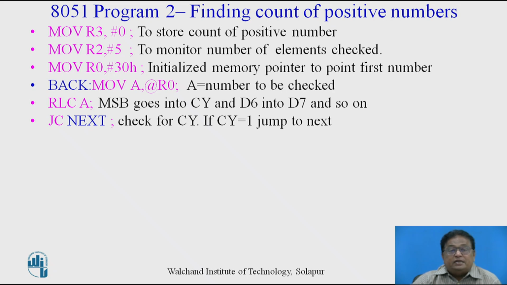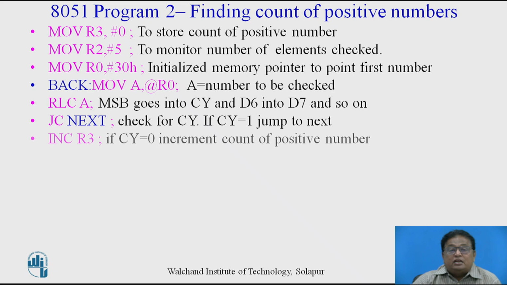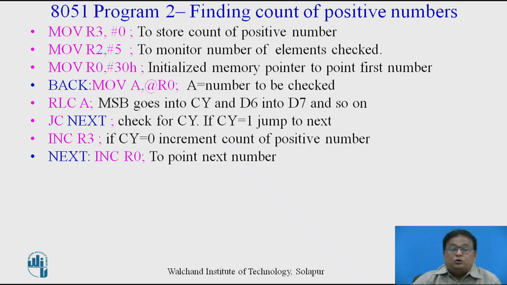If the carry bit is set, don't increment the register that is our result, which we are using as register R3. So if carry is not generated, this condition will be false and then R3 will be incremented. Then go to the next number by incrementing the memory pointer.